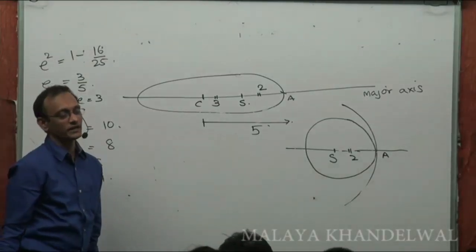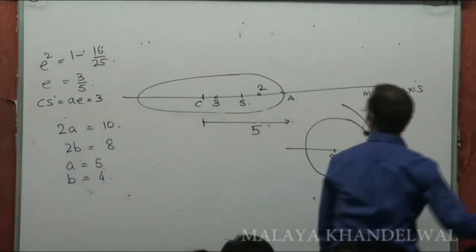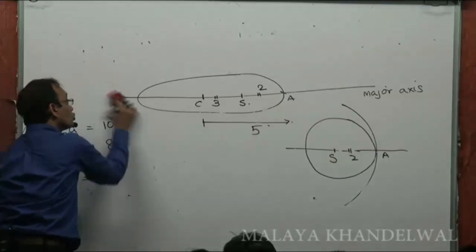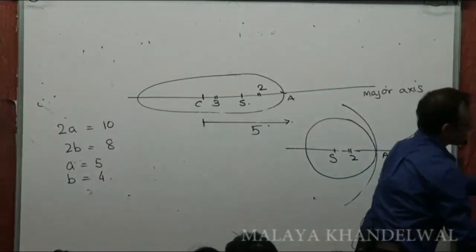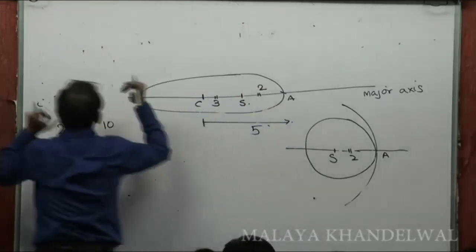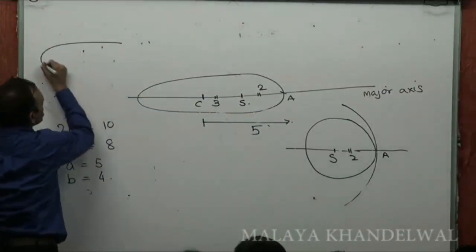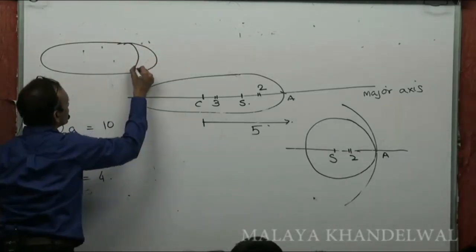You have a question, I think. Okay, I know your question, and I'll tell you what. You would want to get a little cynical and ask this question: why would you not believe that if this is the ellipse, I could have drawn a circle like this?